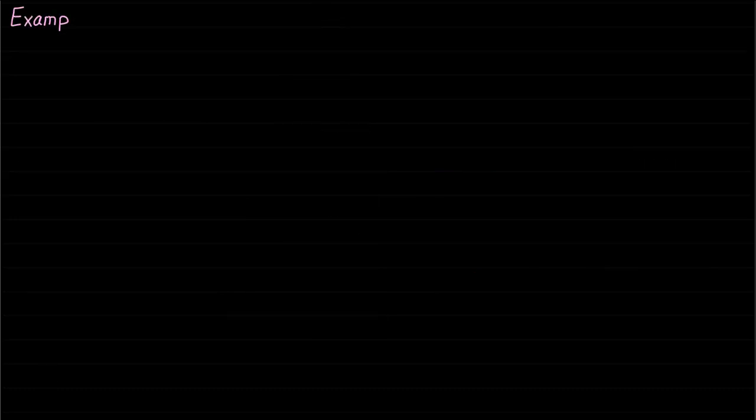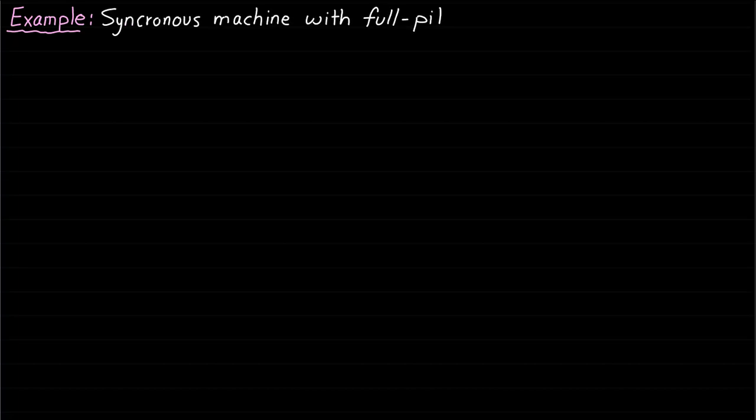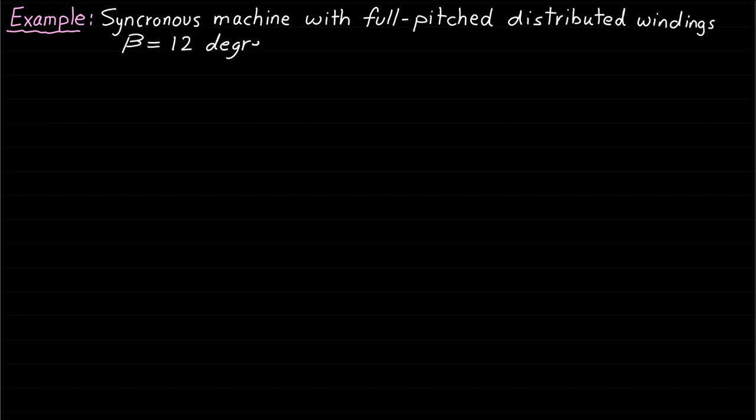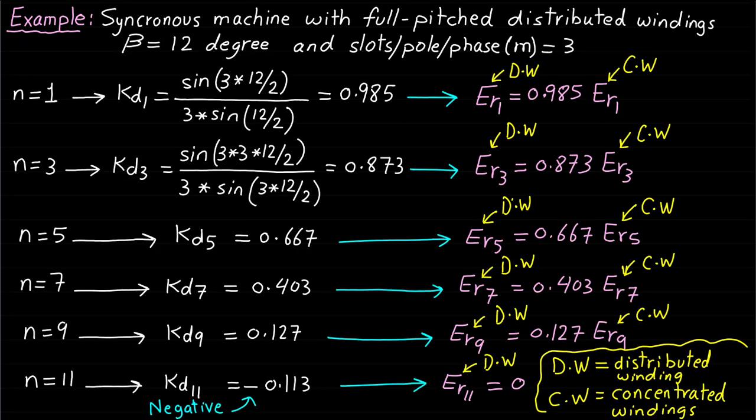Now let's take an example. Assume we have synchronous machine with distributed windings that have slot angle beta equal to 12 degree electrical and slots per pole per phase M equal to 3. The distribution factor of the induced voltage components up to 11 harmonics can be calculated as follows.